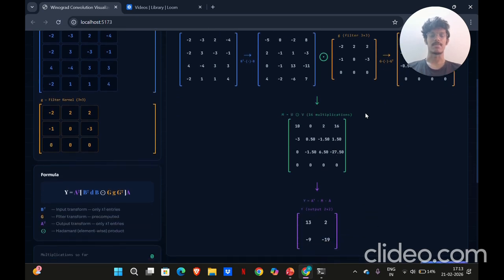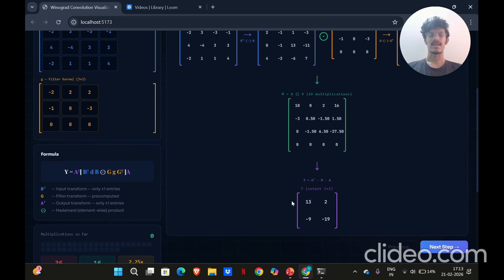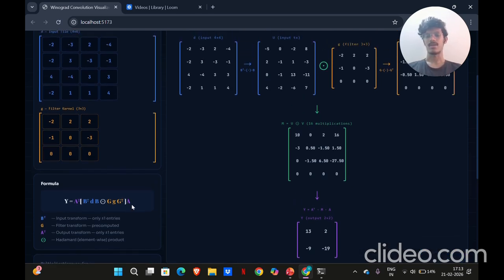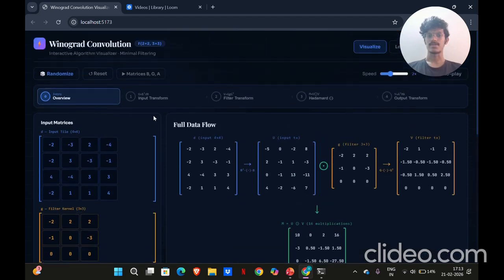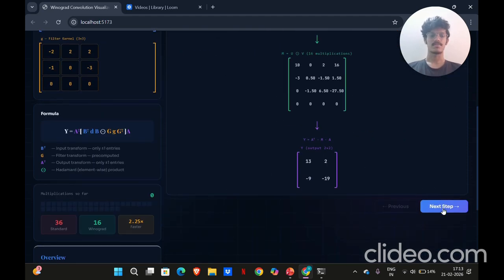We perform 16 multiplications, and then we get the output for this vector. For this value, we get the output over here, and this is the formula as told, which is already shown. Let's go to the next stage.